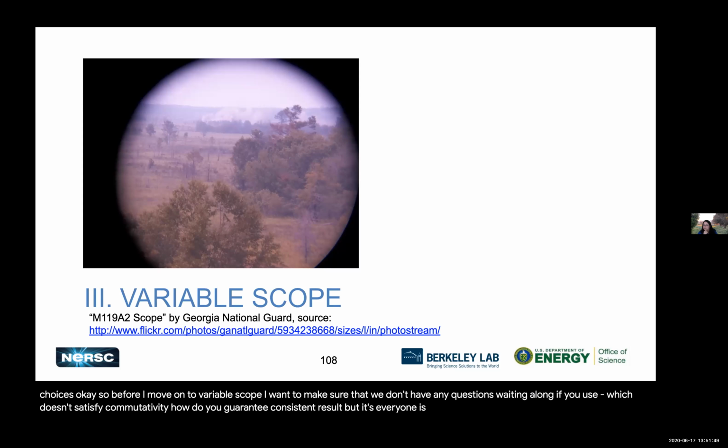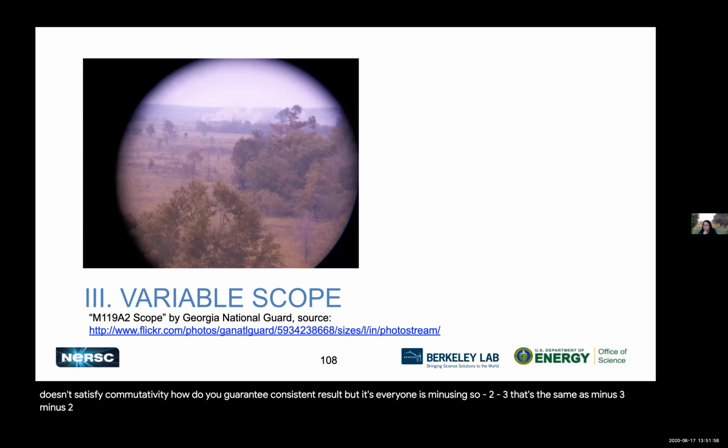So -2, -3, that's the same as -3, -2. So it does sort of. So is critical like making a code block and its data essentially thread safe? Yes, it is. It's forcing thread safety. Good question.